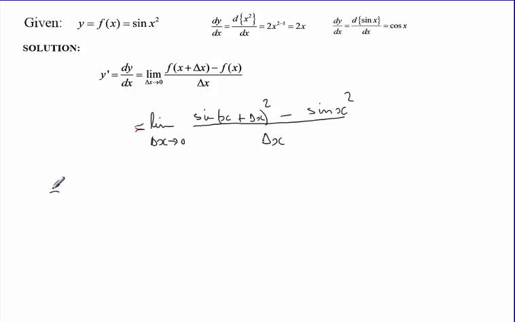Then the next step, I'll just write limit there, delta x going to 0. We've got x plus delta x all squared equals x squared plus 2x delta x plus delta x squared.